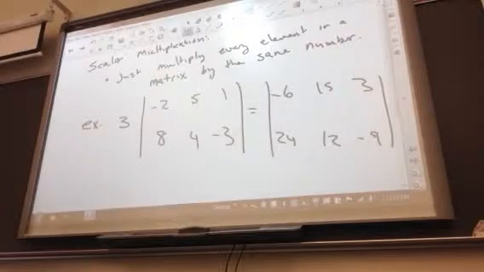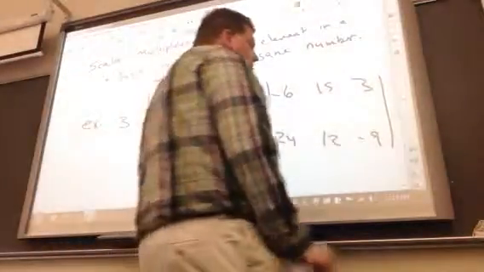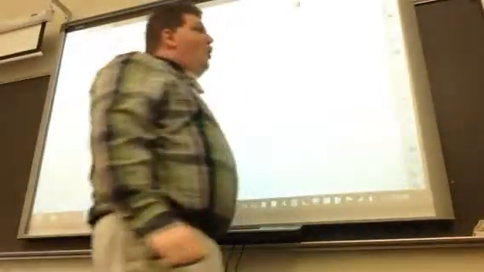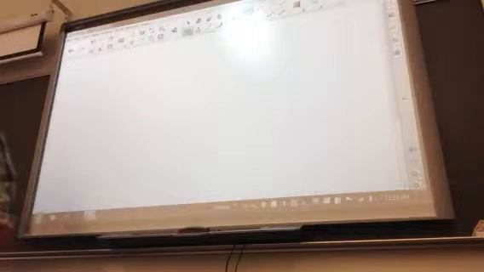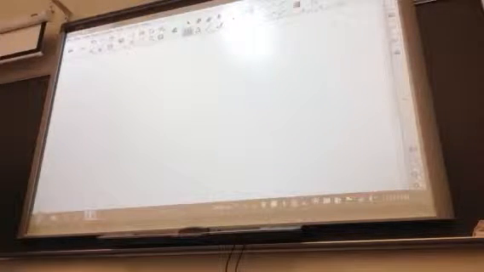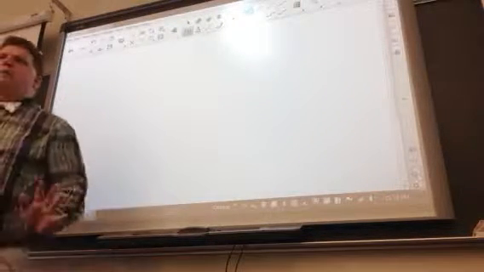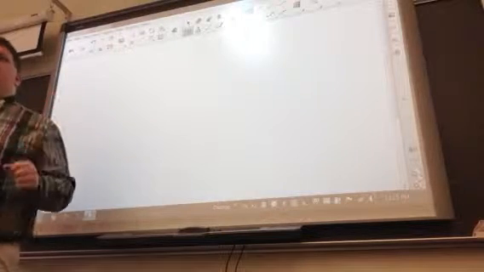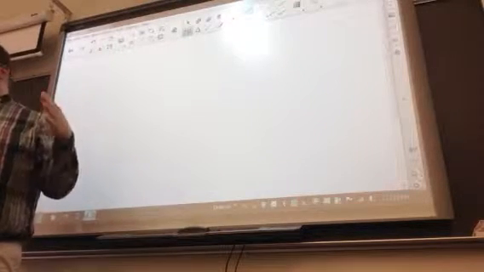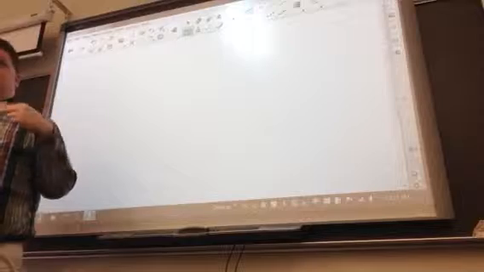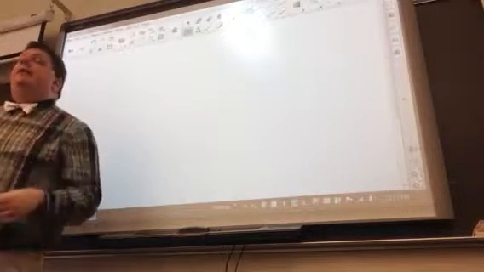Alright, good. Now, we're going to skip matrix multiplication right now. We're going to save that for Monday. Matrix multiplication is a bit more involved. It's not so straightforward. So we'll go down to the last one on that list, transposition, and look at that one right now.